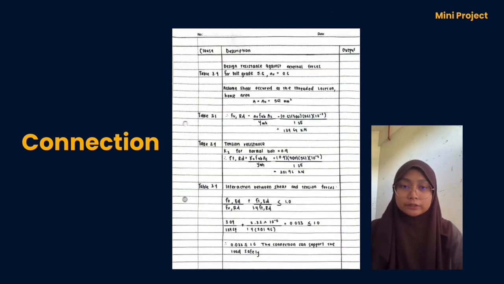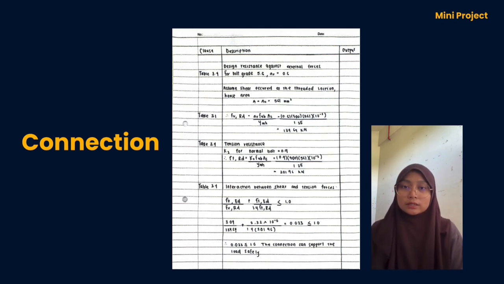According to table 3.1, for bolt grade 5.6 and alpha v equal to 0.6, assuming shear occurs at the threaded section, A equals 561 square millimeters.